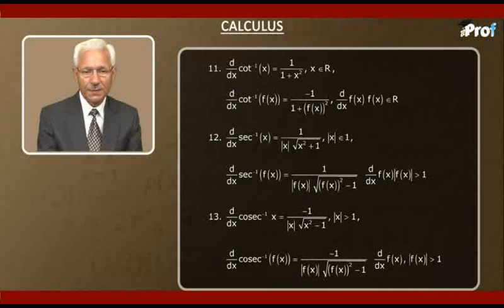f(x) belongs to R. 12th, d by dx of sec inverse x is equal to 1 upon modulus of x into square root of x square minus 1, mod x is greater than 1.